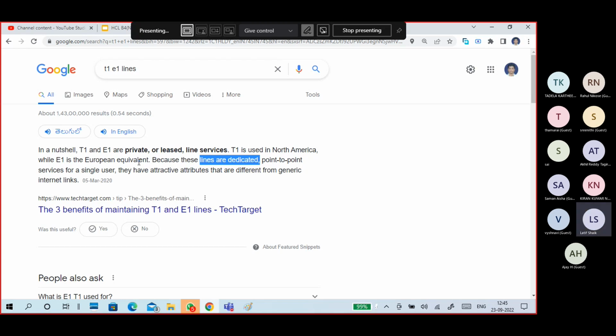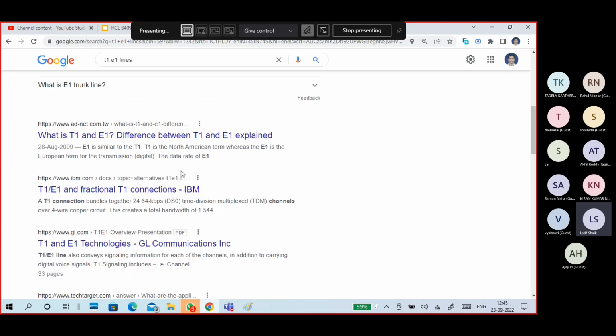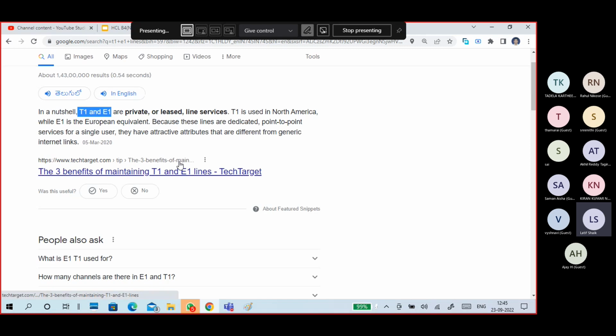Like in Hyderabad we have an office, and in New Jersey also we have an office. So I use a dedicated line for direct communication from here to there. There are standards like T1, E1, T2, T3, T4, T5. Each line has a certain speed.